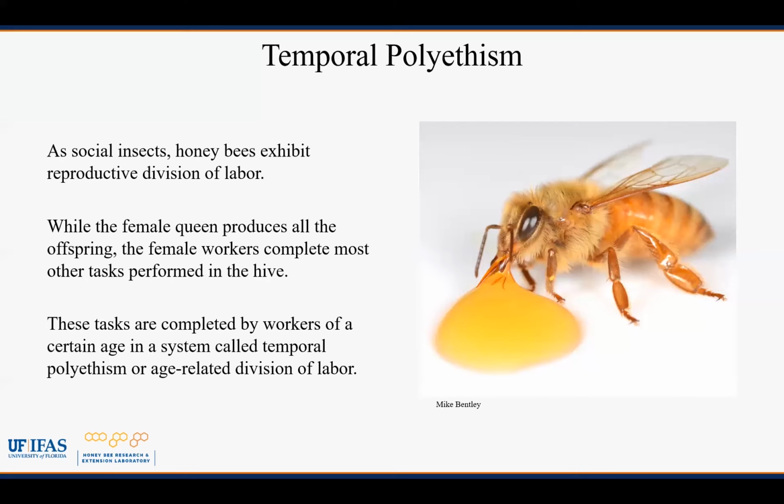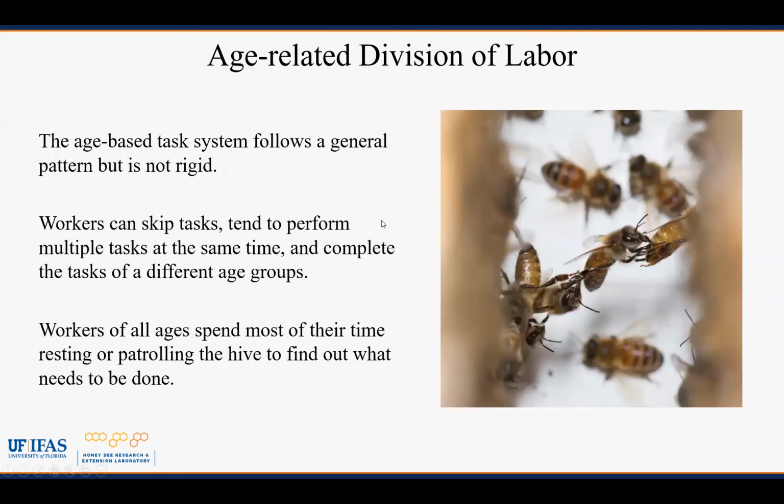But for purposes of this presentation, I wanted to introduce you to the concept of temporal polyethism and let you know that you probably know this term more as age-related division of labor. All right. So this age-related division of labor is what's going to fill the rest of this presentation, thinking about it, explaining it, and trying to understand it.